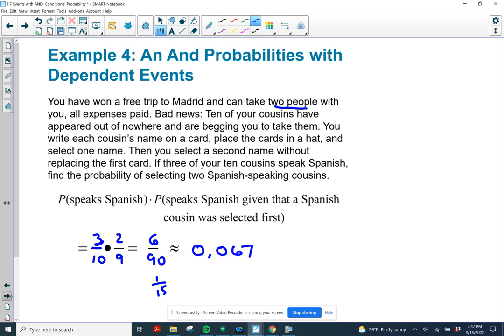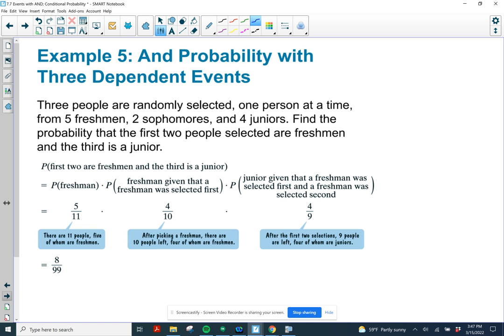Okay, let's look at example 5. Probability with 3 dependent events. We can extend this idea to 3 events. 3 people are selected randomly, 1 person at a time, from 5 freshmen, 2 sophomores, and 9 juniors. Says that's 11 people total. Find the probability that the first 2 people selected are freshmen and the third is a junior.